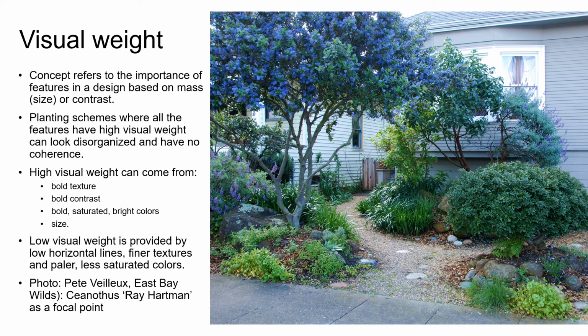You've got the mass or the visual weight of the canopy of this Ray Hartman Ceanothus on the left here, and then that's balanced lower down here by this small California coffee bush, Frangula californica right here, and then some Douglas iris right there. So that's a good example of what we mean by balanced visual weight.